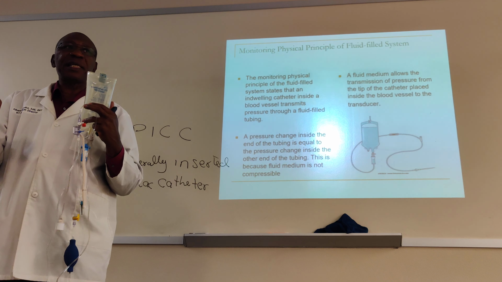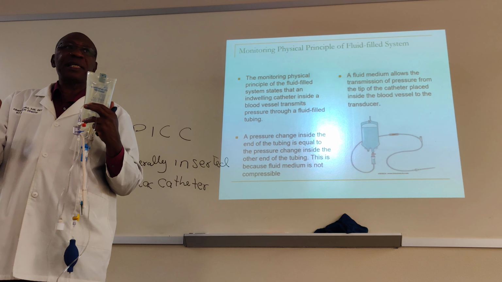So these are the components of the fluid-filled system. You have the intravascular catheter, which is the catheter that goes inside the blood vessel, and the tubing that hooks up to it once you get it in there. You have the pressure transducer.